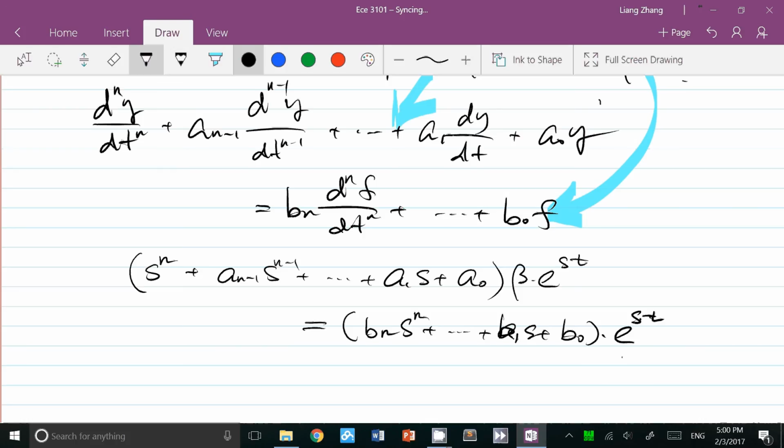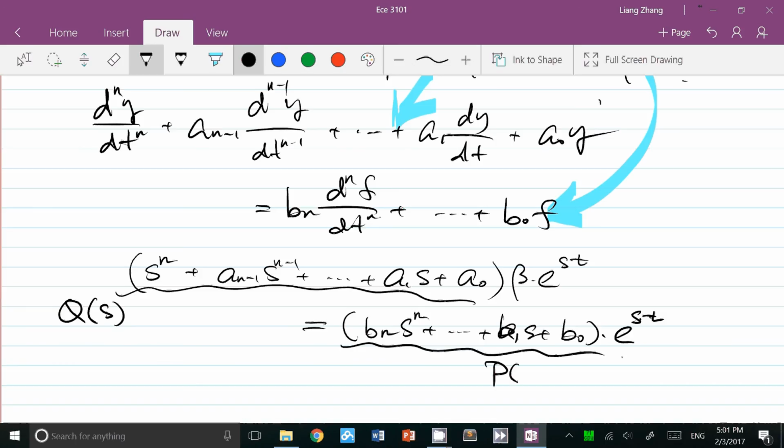We used this trick to derive the zero input response at the beginning. At that point we had a polynomial of lambda instead of a polynomial of s, but the idea is the same. If you still remember, we call this polynomial the Q polynomial, and this one the P polynomial. Before we had polynomials of D or lambda, but here the variable will be s.